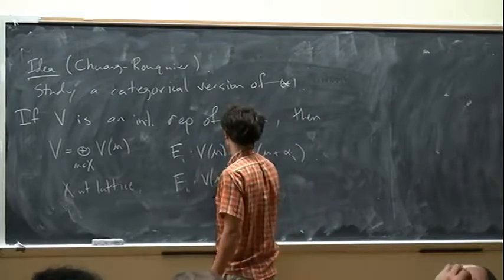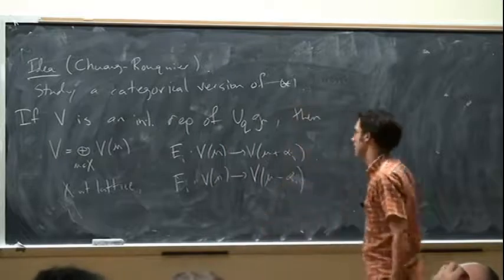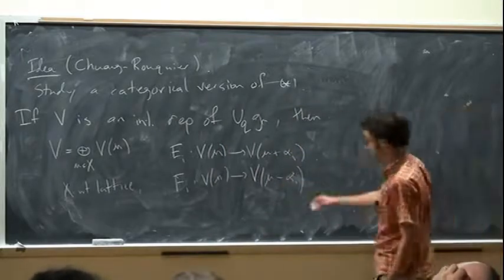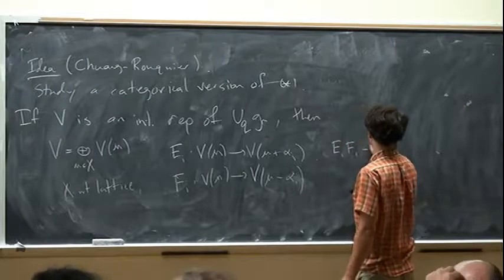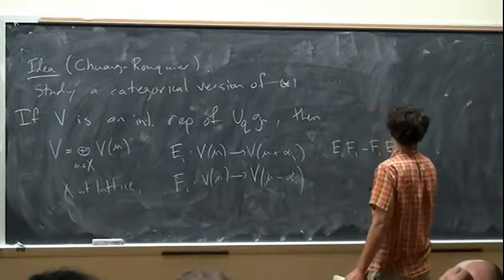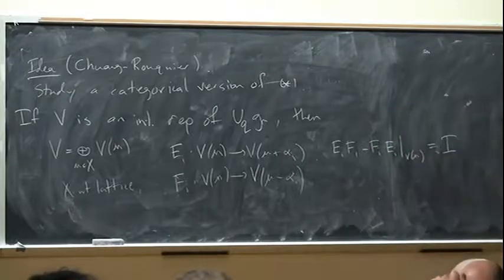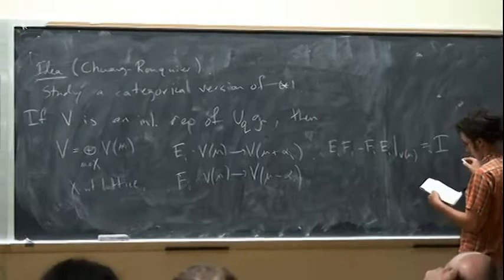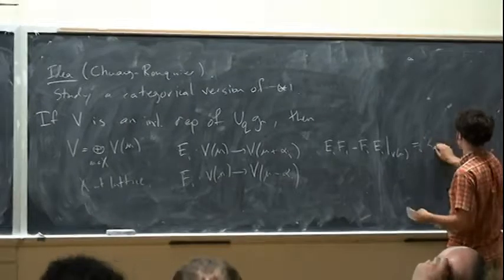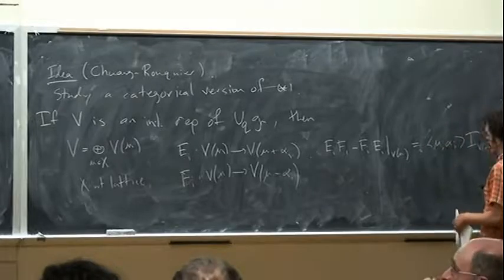The F_i move you in the opposite direction. And we have the commutation relation: E_i F_i minus F_i E_i, acting on some weight space V_mu, is the identity times the pairing of mu with alpha_i.